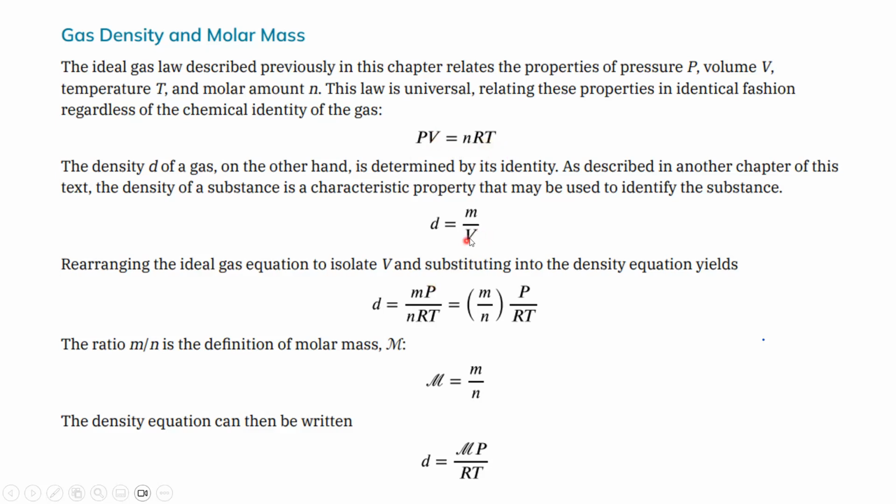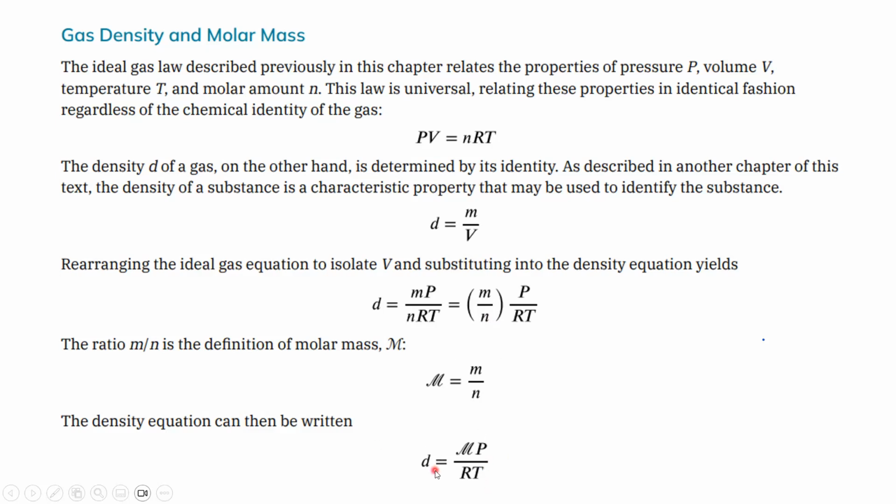And then we're just substituting that in for volume. So that's why we've got mass times pressure over moles, gas constant, and temperature there. And then with this piece of it, so mass over moles, just separating it out there, that's just going to be representing our molar mass. So grams over moles, molar mass there.